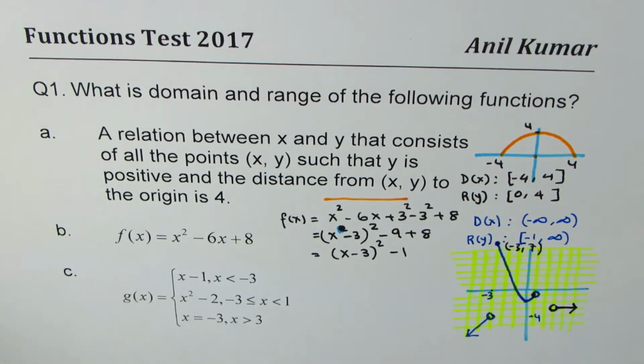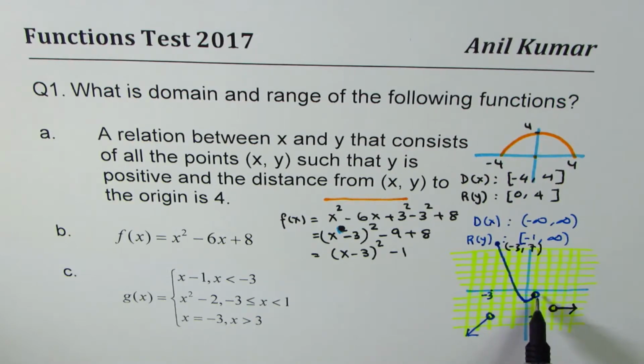Now from here, you need to write domain and range. Clearly, as far as the domain is concerned, we do see a discontinuity here, that x is not equal to this interval.